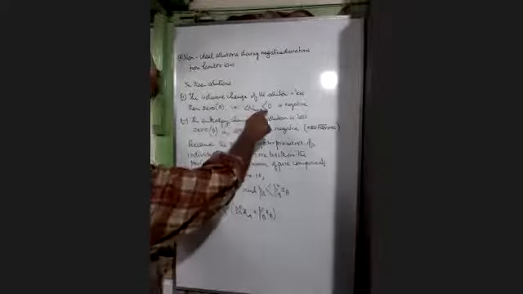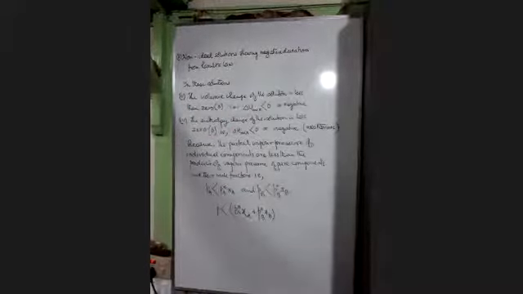But in this case, the total will be less than 100 ml, so the volume change is negative. When you mix them, the solution will get warm without heating. That is, the enthalpy change is negative, so this is going to be exothermic.